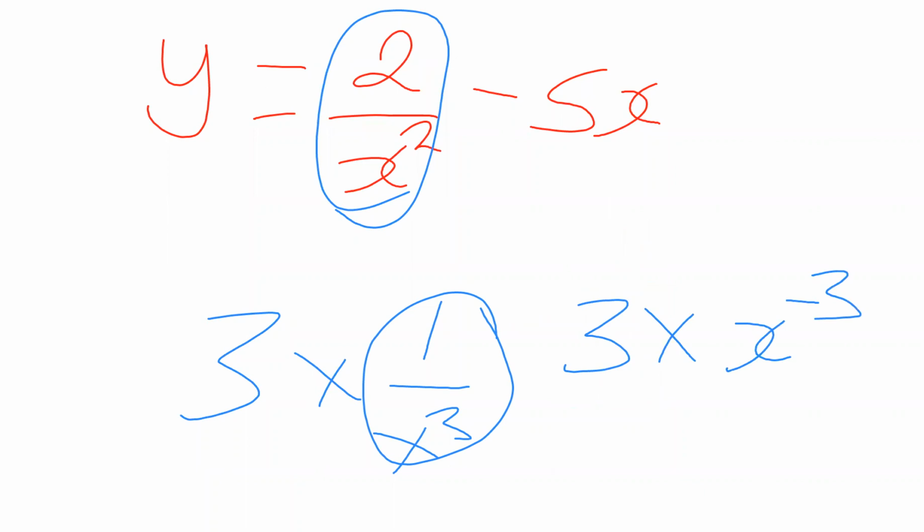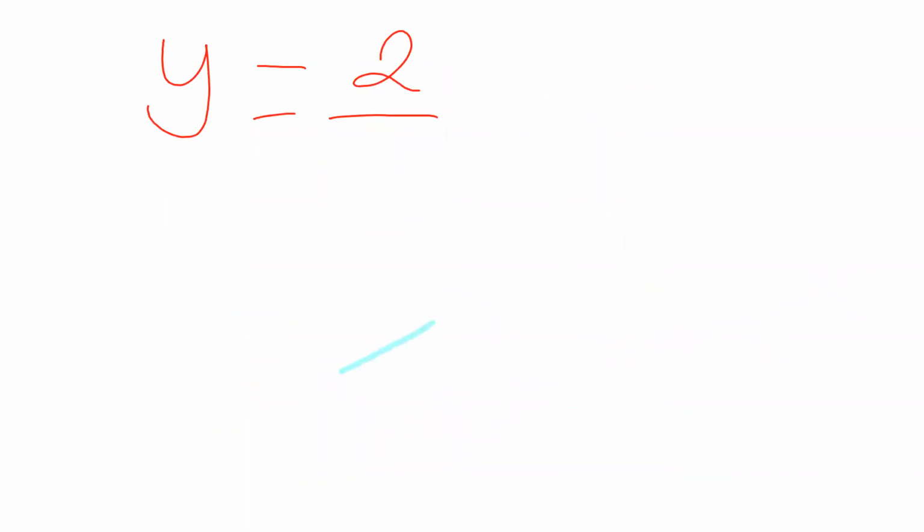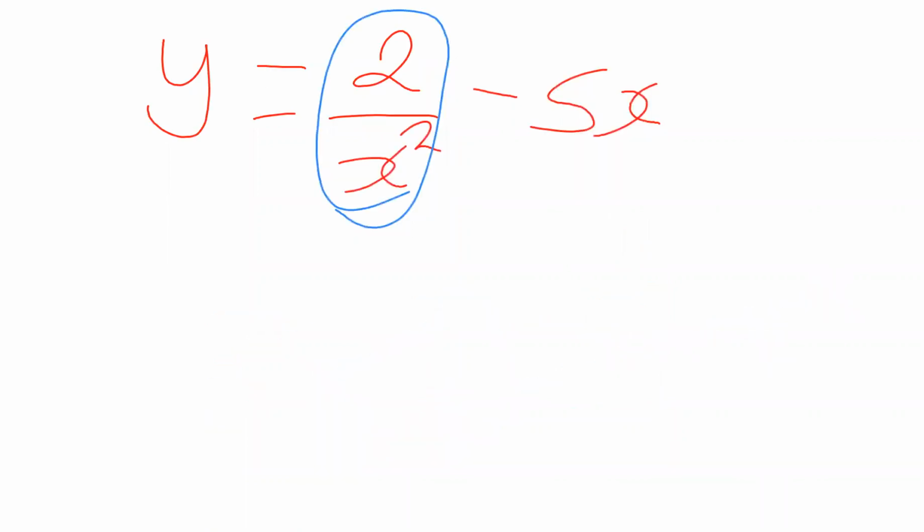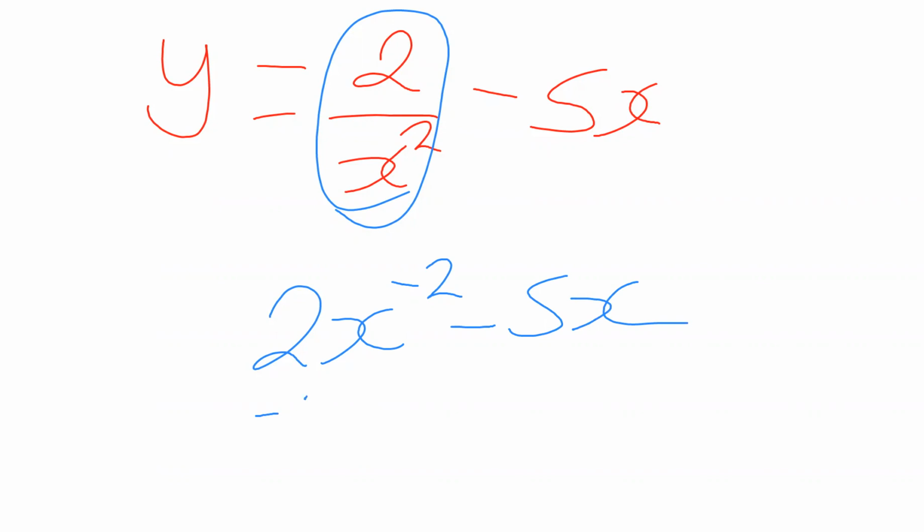So having said all this, we now know that we can rewrite this expression as 2x to the power negative 2 minus 5x. And then we apply the power rule here. We drop the power negative 2 multiplying with 2.